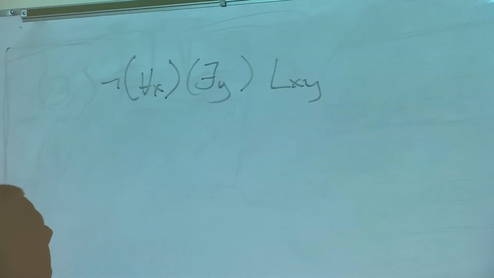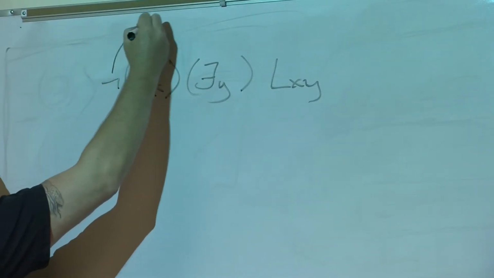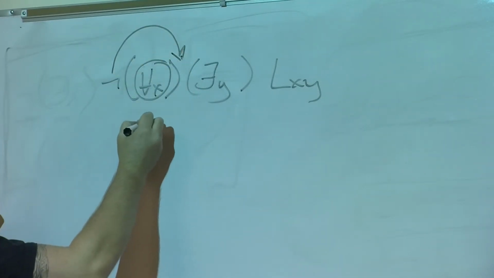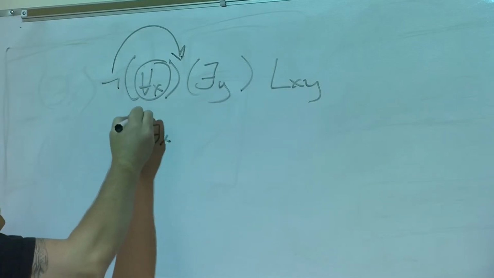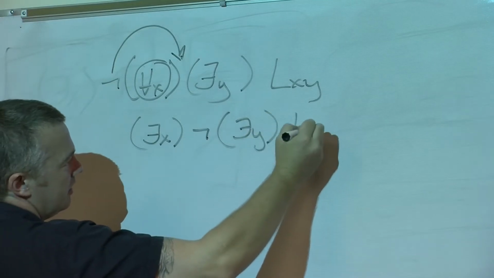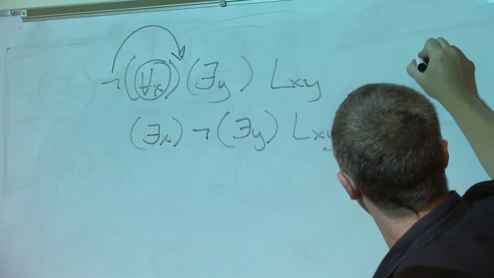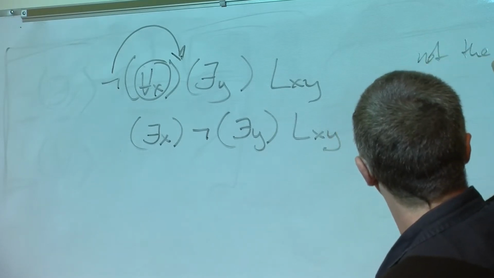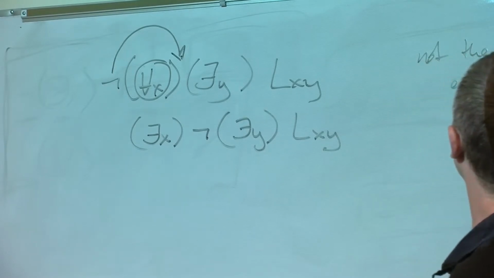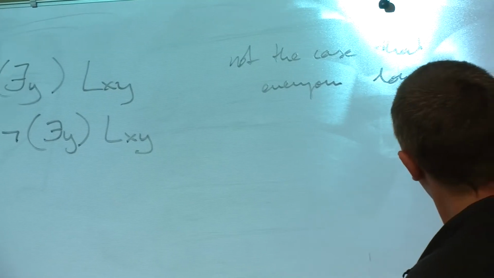Quantifier negation will allow you to bring this negation through. We'll flip this, giving you this. So what does this say? This one up here says, not the case that everyone loves someone.